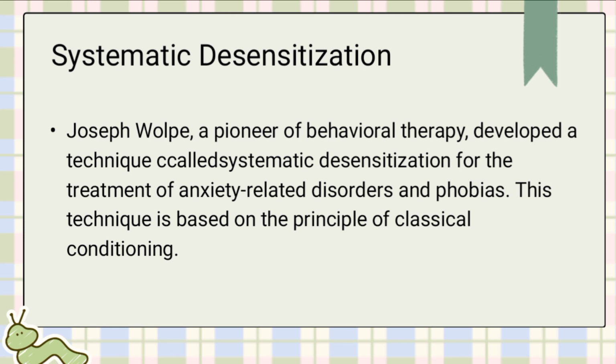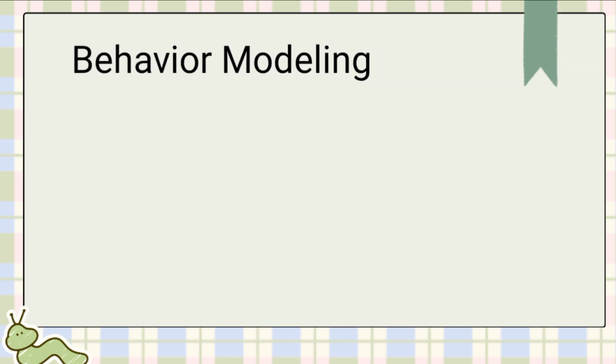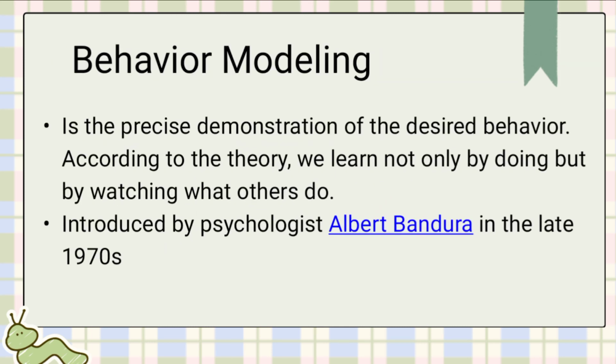In systematic desensitization, the therapist may employ methods to help you relax and get comfortable with each step of the process. These methods can include relaxation exercises like meditation, deep breathing, guided imagery, and progressive muscle relaxation.